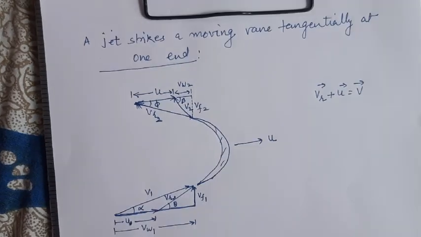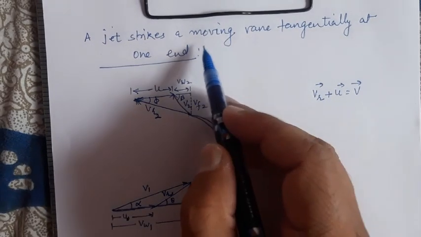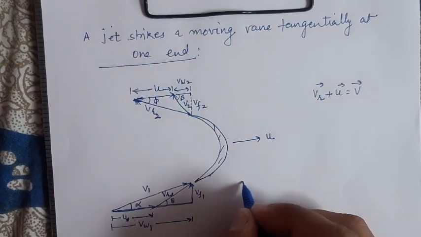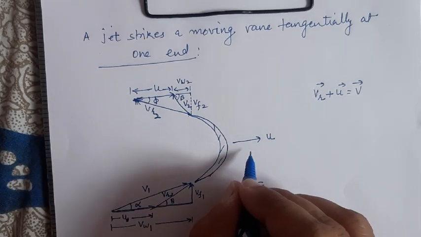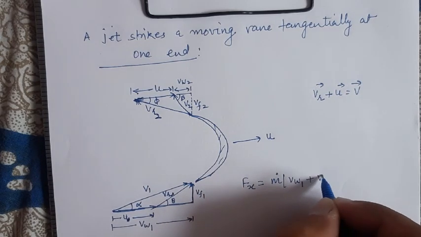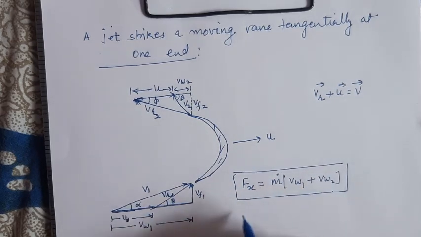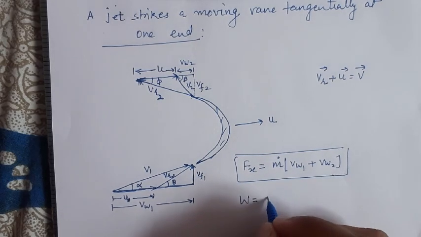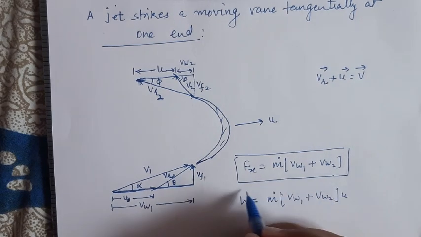Now, that's what we have seen in the last class, where the jet of water was striking a moving vane tangentially at one of its ends. For this case, I determined the force exerted in the direction of motion of the vane by the jet of water as m dot (vw1 plus vw2), and the work done on the vane in the direction of motion of the vane was written as m dot (vw1 plus vw2) into u.